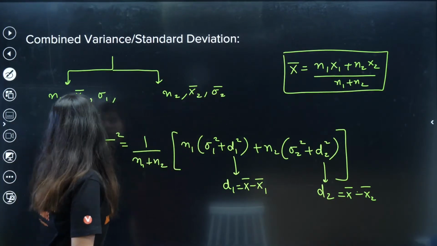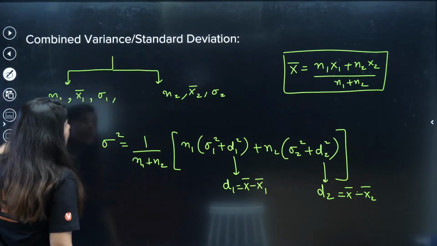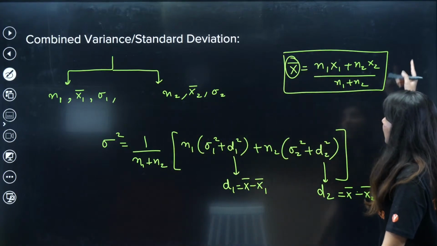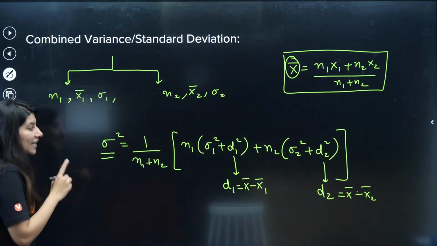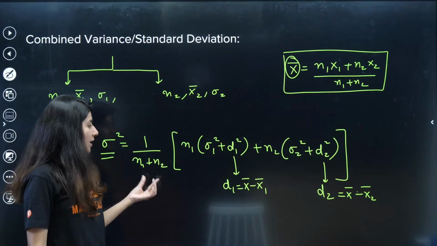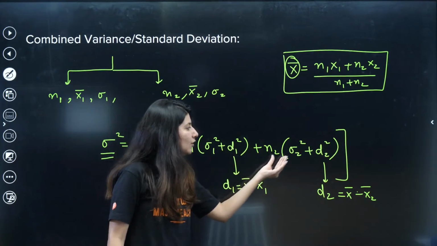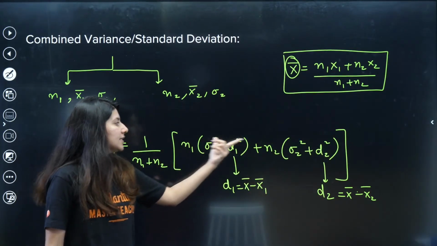So for that we need to calculate the combined mean, which I have already taught you. And now the combined variance is given by this formula, which is 1 upon n1 plus n2 times n1 times sigma 1 square plus d1 square, plus n2 times sigma 2 square plus d2 square. You can see the symmetry.